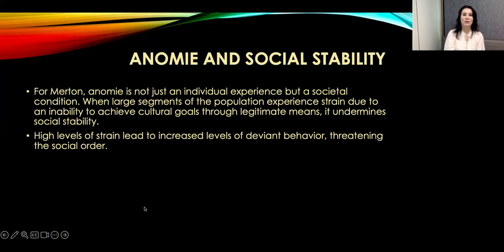For Merton, anomie is not just an individual experience, but a societal condition. When large segments of the population experience strain due to the inability to achieve cultural goals through legitimate means, it undermines social stability. I just read what I brought here. What does it mean?